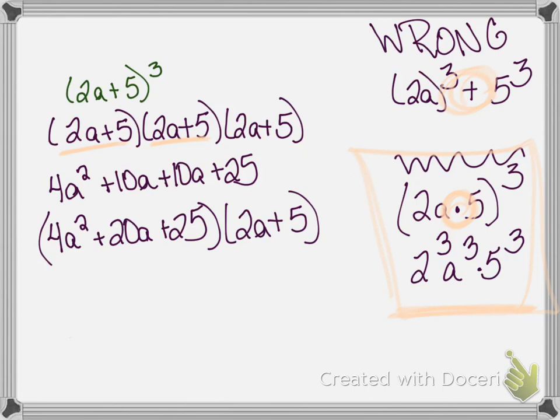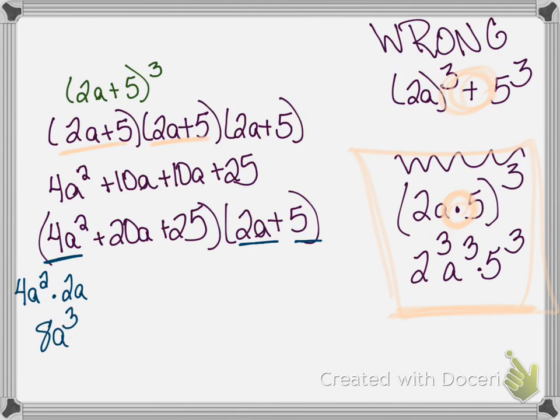So I am going to use colors. The first thing that we're going to do is 4a squared times 2a and times 5. So I have 4a squared times 2a. Okay, and if you just go to 8a to the third, I'm totally fine with that.